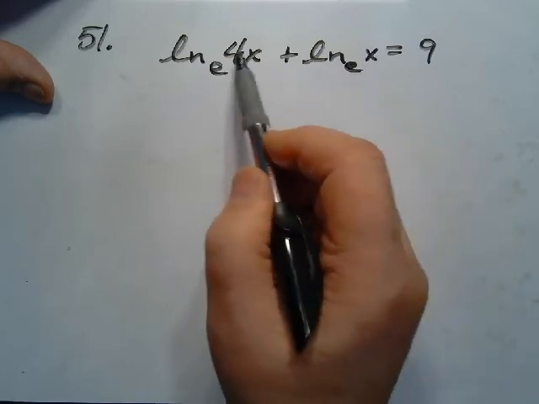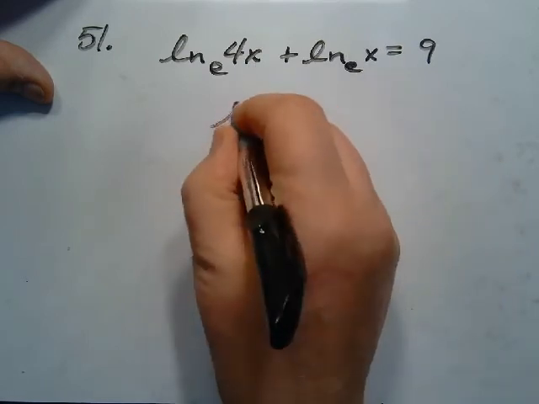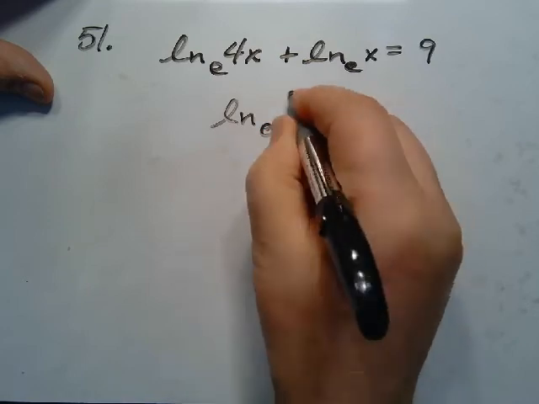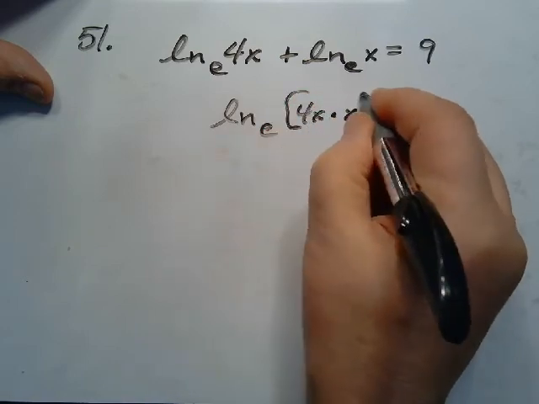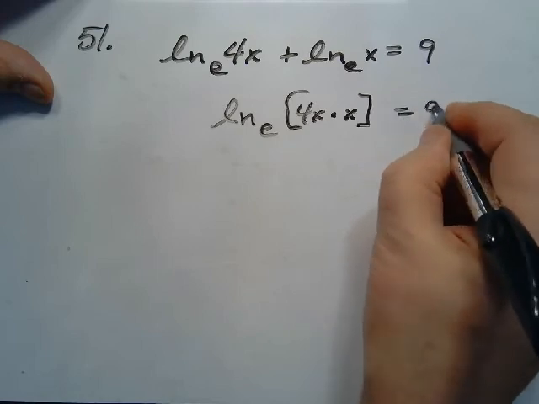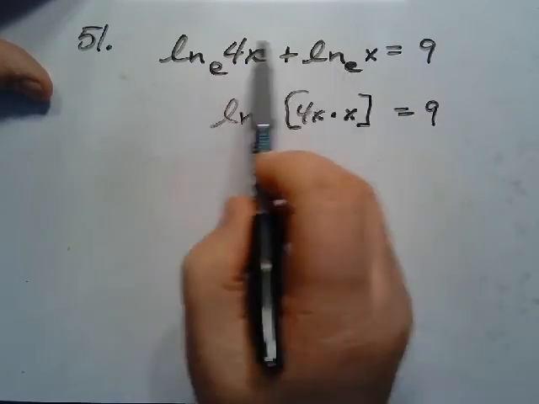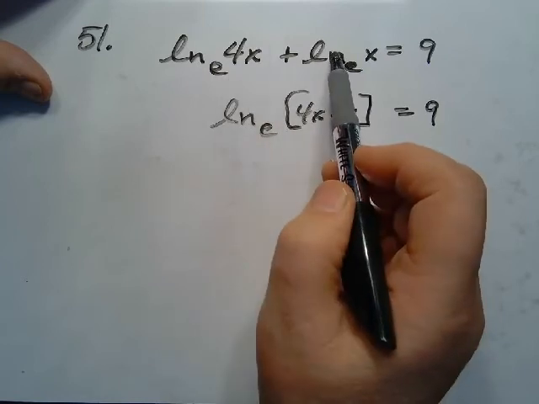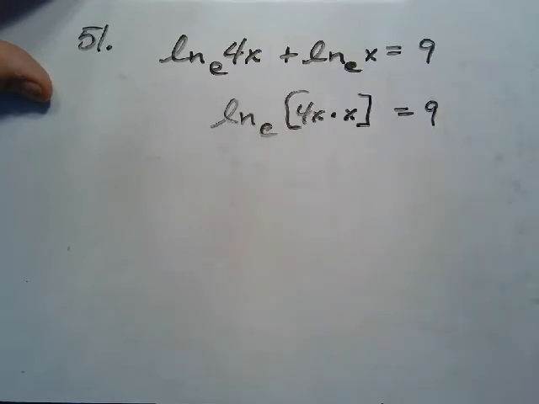So if I was multiplying here, I would rewrite this as natural log base e of 4x times x.